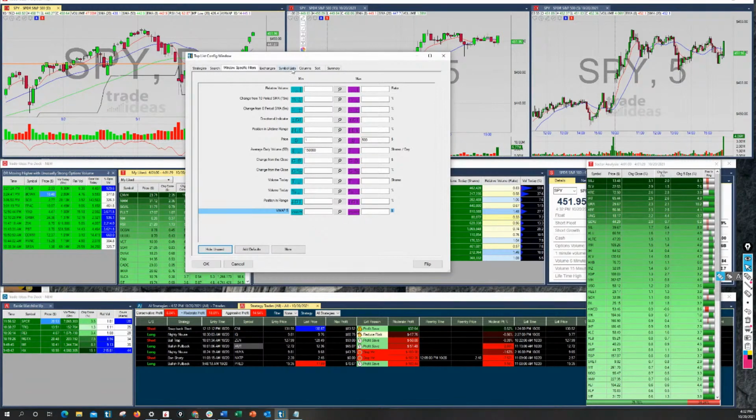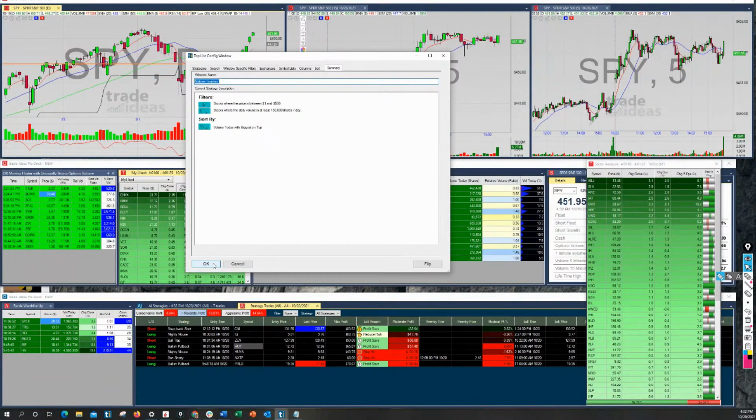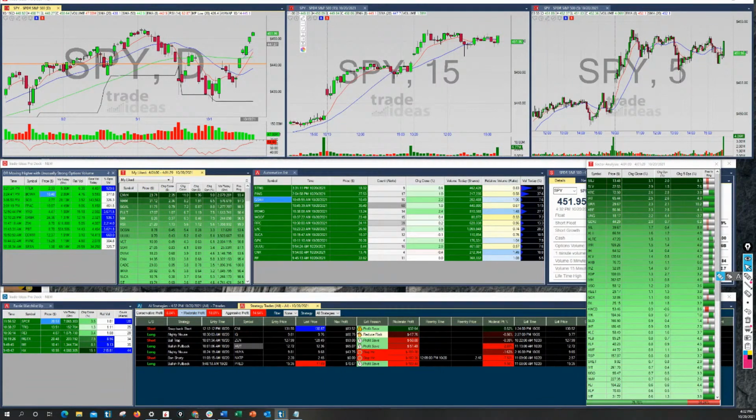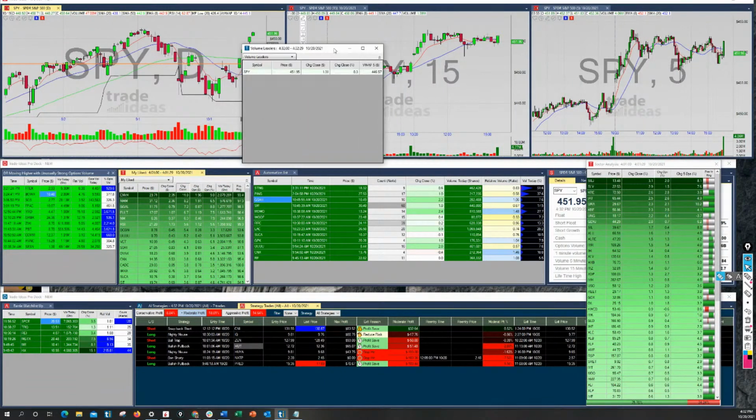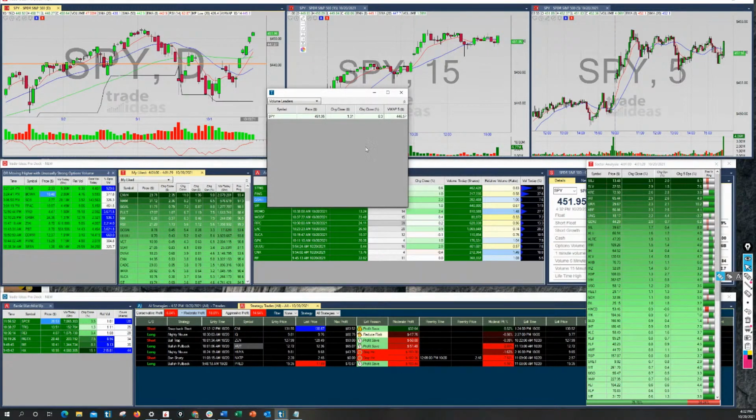Oops, I didn't want to add filter. I want to show column. That's what I want to do. I want to see this at the market close. Live during market hours. So 44651.